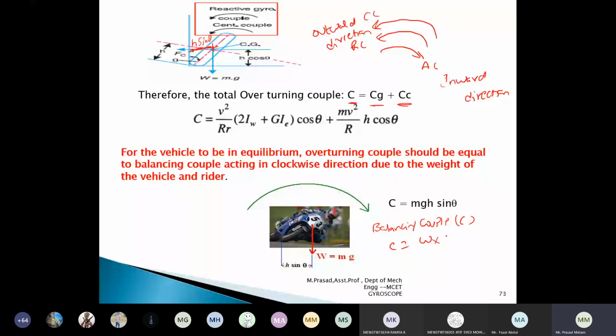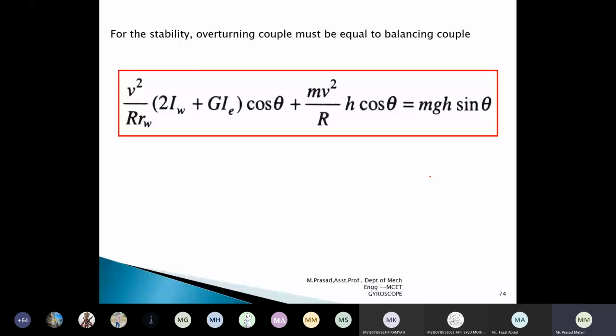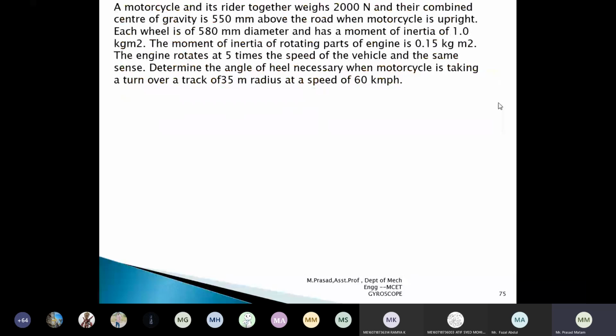And W I can write as mg, so mg into h sin theta. This is the balancing couple. For stability, the overturning couple should be equal to the balancing couple. So this total is the overturning couple on the left hand side, equal to the balancing couple on the right hand side. Now let us solve the problem regarding this.